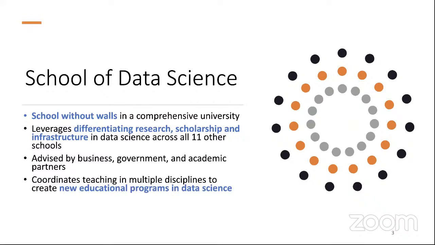We also coordinate all of the teaching in data science across these disciplines, across programs throughout the university. And we've created new educational programs, particularly the master's program, but we now have a PhD program that's under review, and we have an undergraduate program that we'll be rolling out soon as well as an undergraduate minor that is already in place.